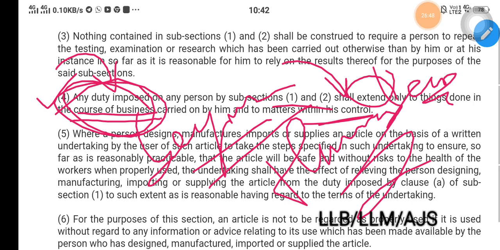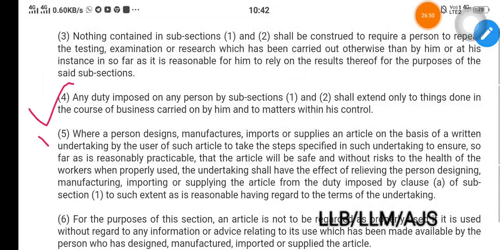Then comes subsection 5. Where a person designs, manufactures, imports, or supplies an article on the basis of a written undertaking by the user of such article to take the steps specified in such undertaking to ensure, so far as is reasonably practicable, that the article will be safe and without risk to the health of the workers when properly used, the undertaking shall have the effect of relieving the person designing, manufacturing, importing, or supplying the article from the duty imposed by clause A of subsection 1 to such extent as is reasonable, having regard to the terms of the undertaking.